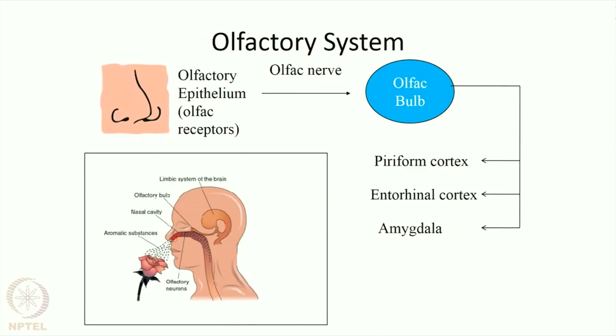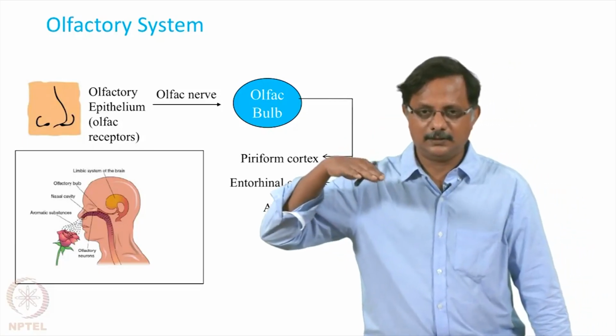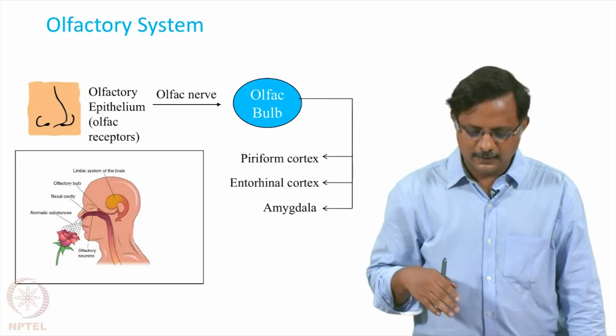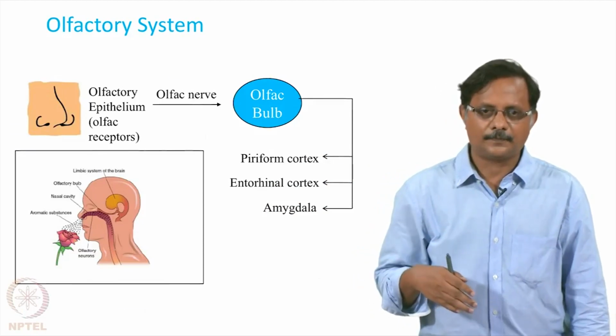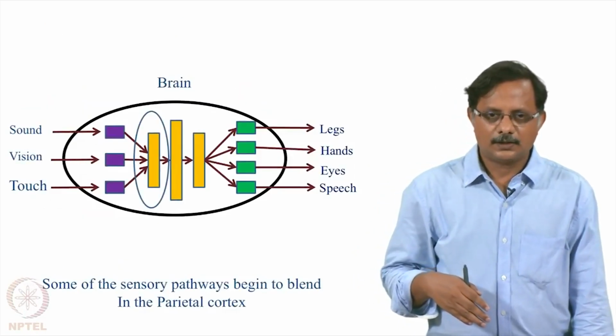From there this information, converted into electrical signals, is transmitted by the olfactory nerve to a structure called the olfactory bulb, which can be seen here, and from there it is sent to various cortical regions called the piriform cortex and entorhinal cortex. These are all at the base of the brain, in the lower part of the temporal lobe, and then also to the amygdala.